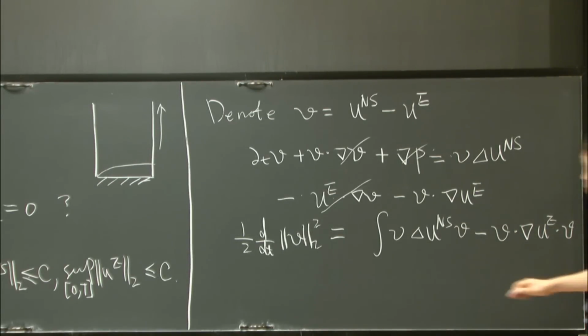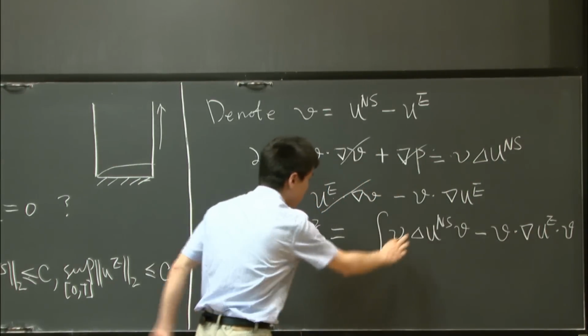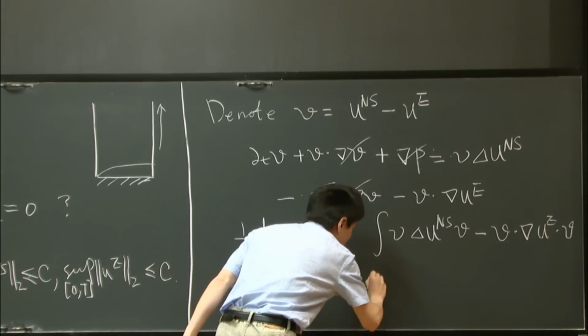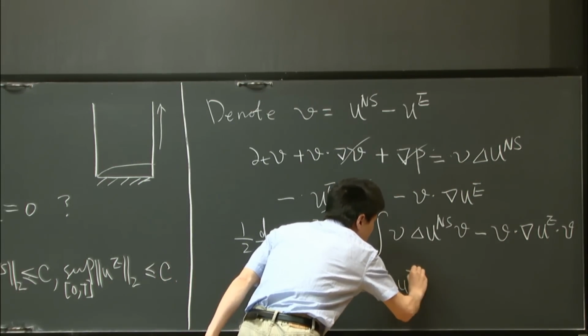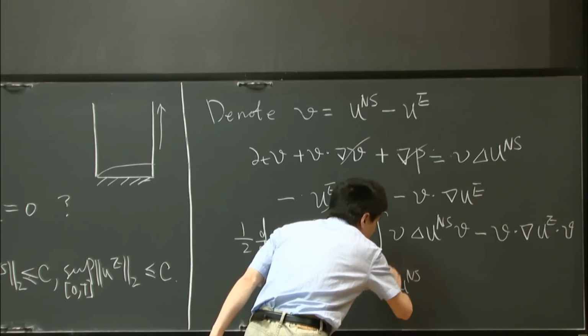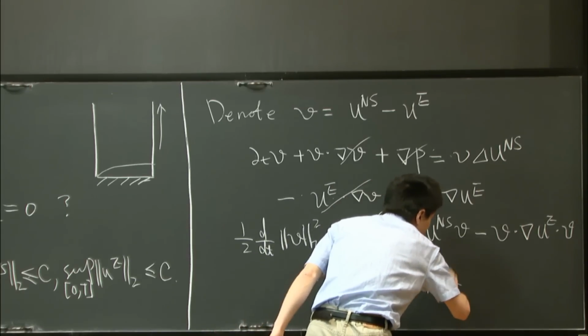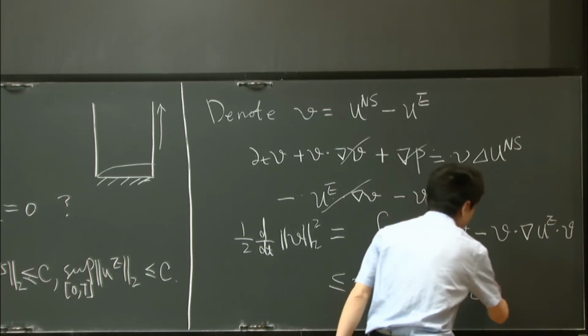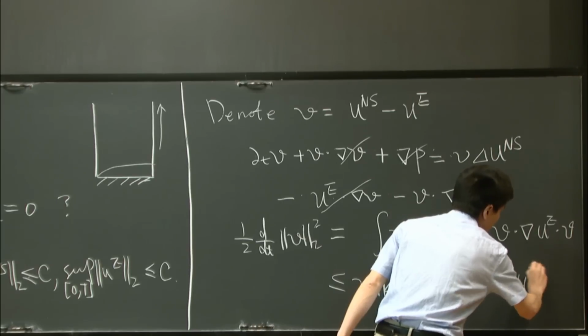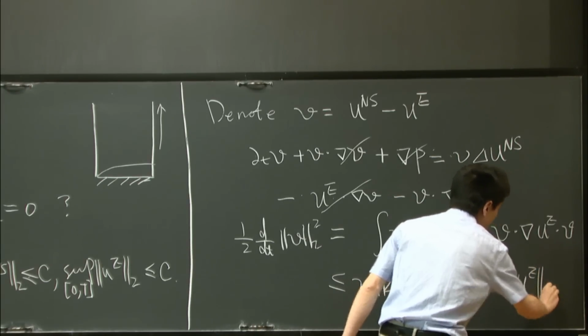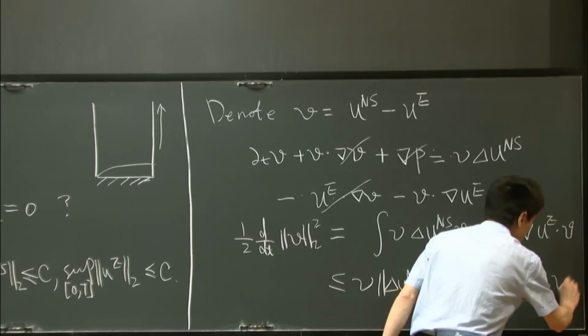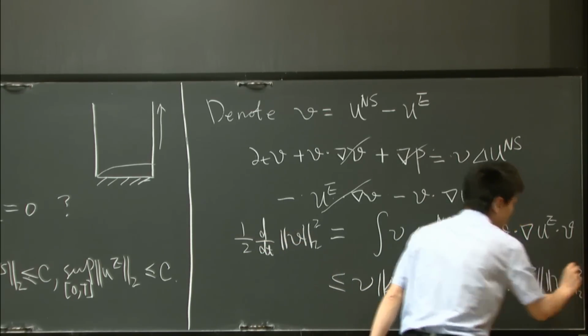And you can use Hölder here, in L2. So what you get is nu times the Navier-Stokes L2 norm times the V L2 norm, plus this term. You can put L infinity on this factor because we have enough regularity, times the V L2 norm squared.